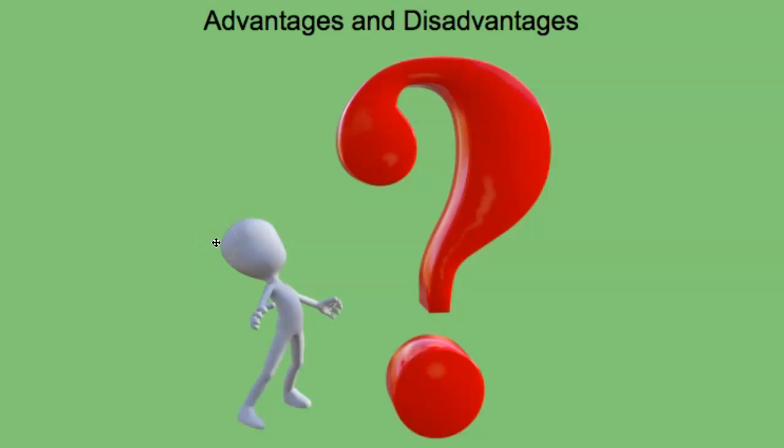Okay, so there's some advantages to asexual reproduction. One of them is that the population can increase rapidly when conditions are favorable because it only takes one organism to make another organism. So as long as everything's good, they can make organisms really quick. Another advantage is that only one parent is needed.